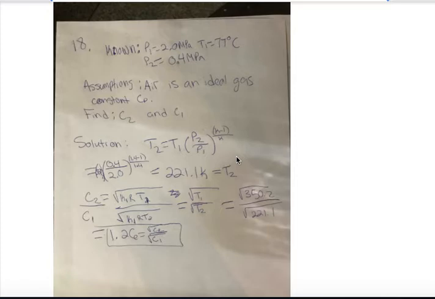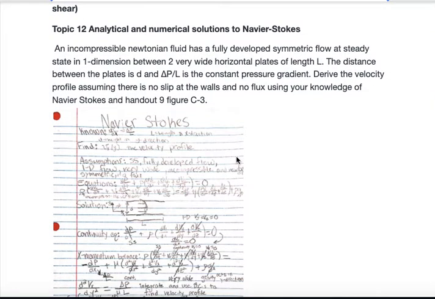So we're going to use equations to find the temperature at the exit from the temperature at the entrance, using a known K coefficient for air; what ideal gas you have will change K. Using this equation, we can find the temperature at the exit, and the speed of sound is dependent on temperature and other constants. So then we compare the temperatures at the entrance and the exit to find the ratio of the speeds of sound.